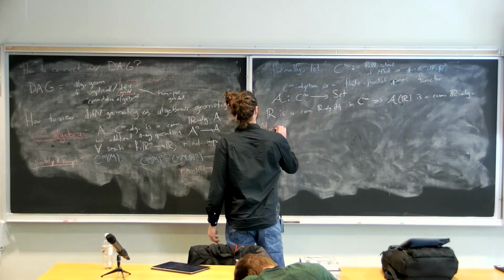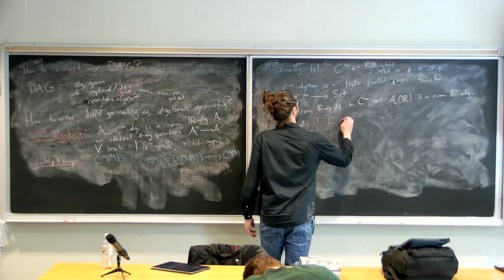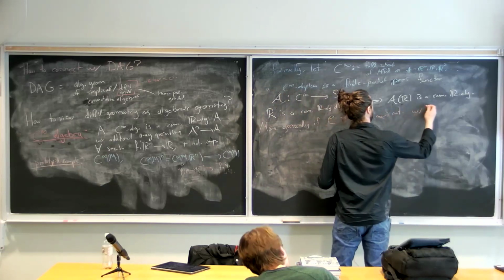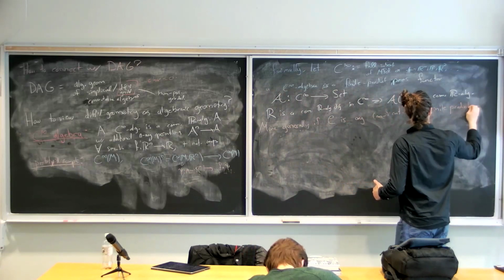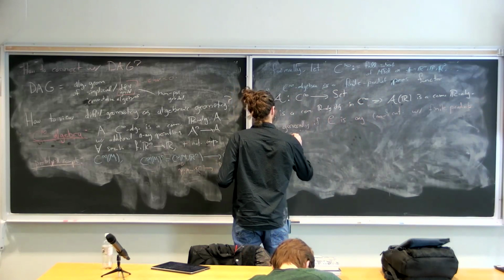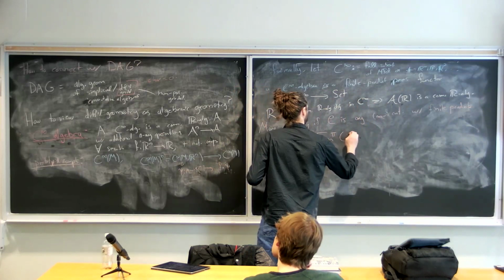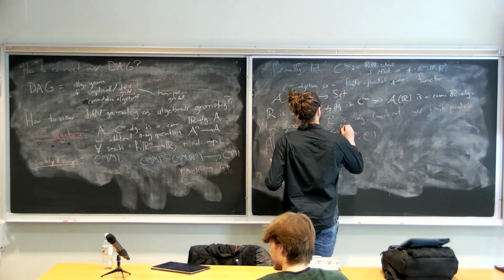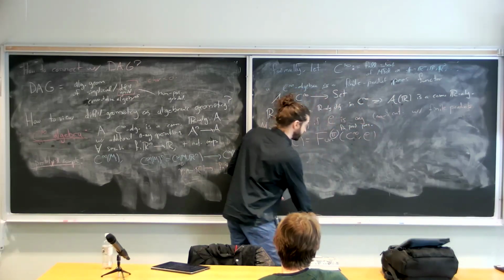So more generally, if C is any possibly infinity category with finite products, we can talk about C infinity algebras in C, and these are just the finite product preserving functors from C infinity into C.